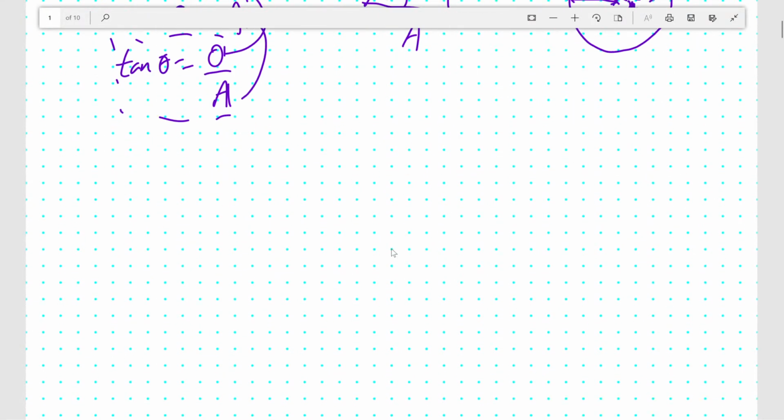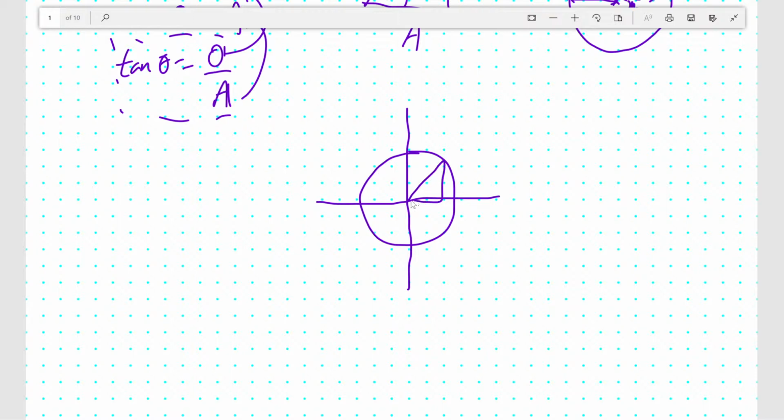Now, the way the unit circle is used stems from the fact that you can also draw a triangle in here from the radius, because the radius here is acting as the hypotenuse for this triangle, and so if this is 1 and this is angle theta, the distance here, which is the opposite side or the y coordinate, is going to be sine theta.